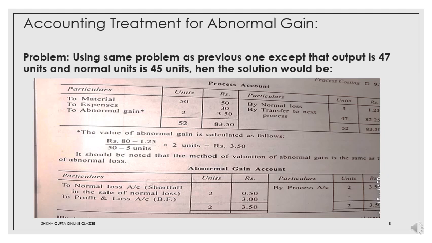So the cost for 2 units will be 3.50 rupees, which is shown on the debit side. And similarly, we'll do the abnormal gain account and we'll do the cross entry. We'll show how much loss we have incurred or how much gain we have incurred and how much money is recovered. So the balancing figure will be coming on the debit side. That will be transferred to the profit and loss account.